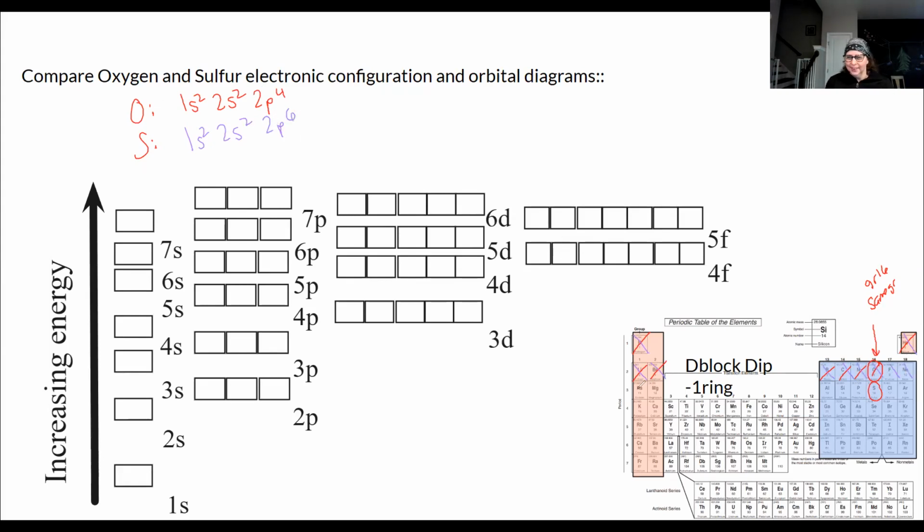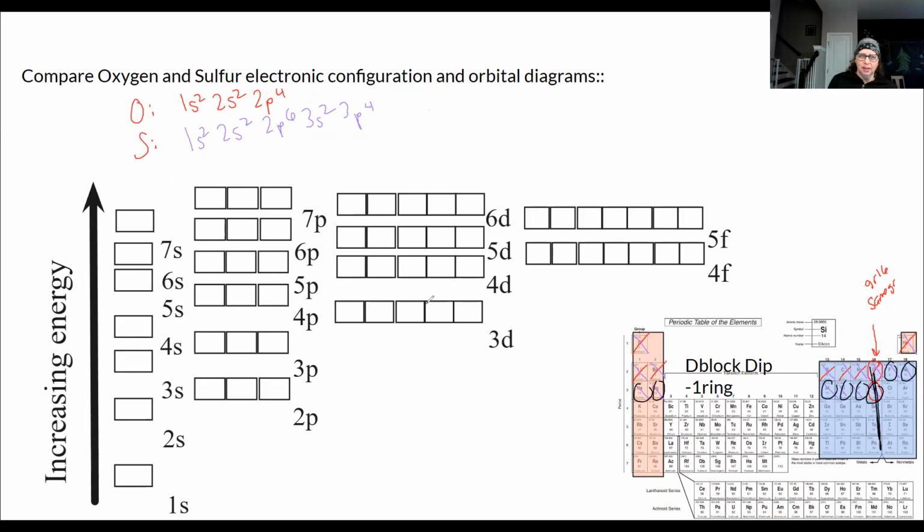We got to keep going. 3s2, 3p4. Okay, so they started out the same. Sulfur went further. Sulfur went 8 further: 1, 2, 3, 4, 5, 6, 7, 8, so that he ended up in the same group.